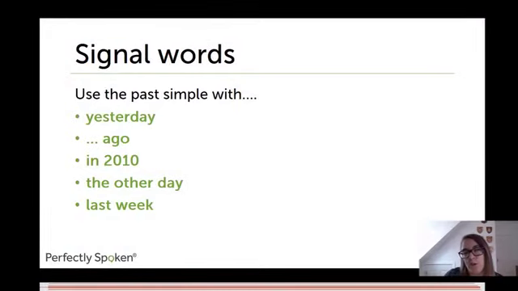So if you see words like yesterday, ago, in 2010, the other day, last week. With words like this, you're going to need a past simple tense because it's something that's finished in the past. Straightforward past simple.